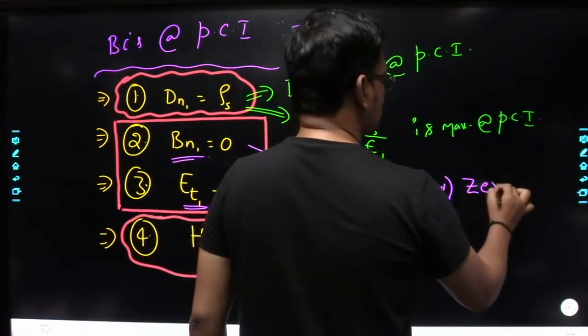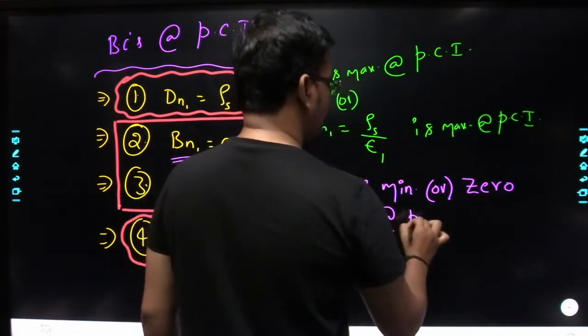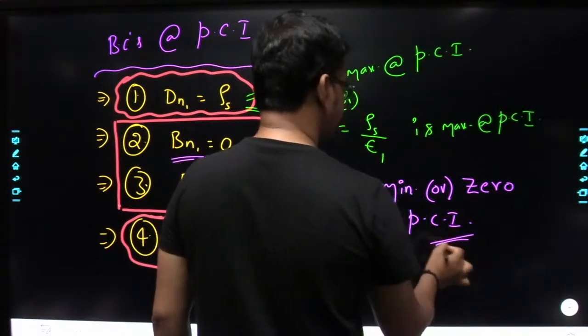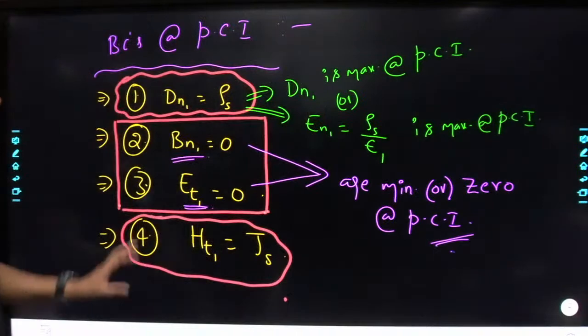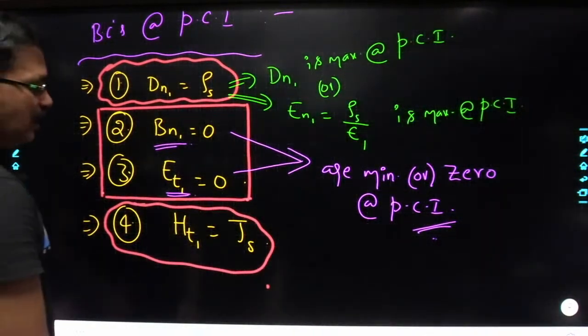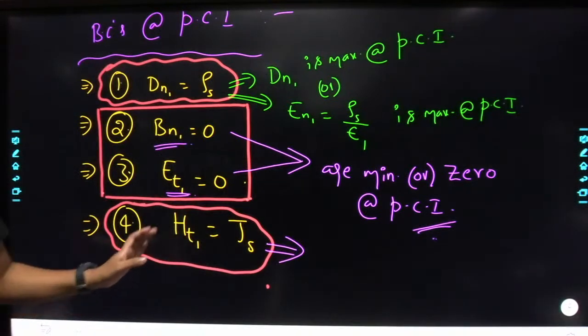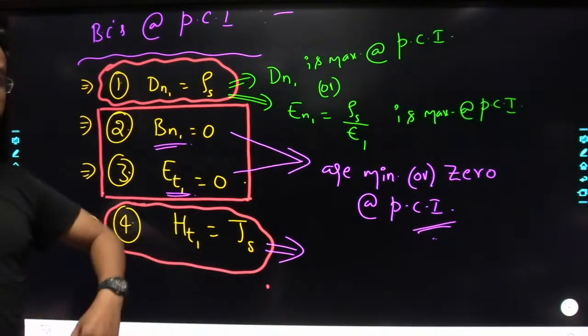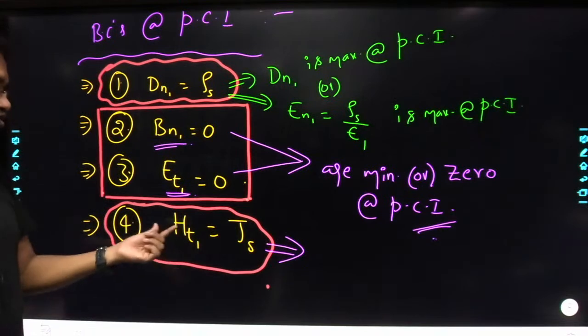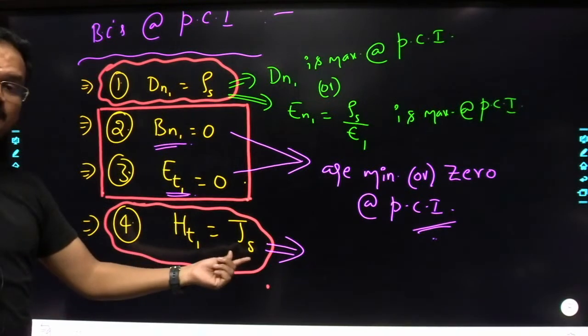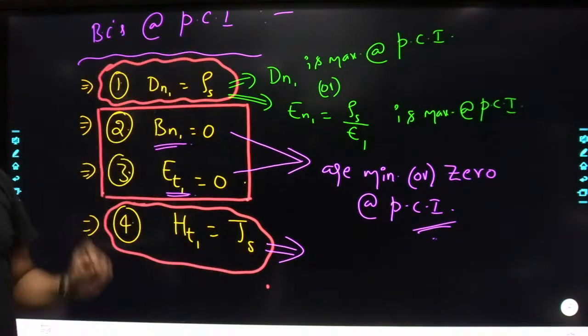And here previously you had HT1 minus HT2. Now HT2 has become equal to 0, so HT1 has its maximum value at the perfect conducting interface.